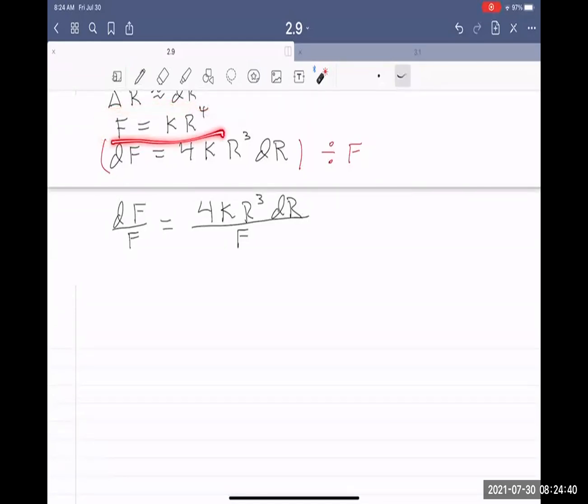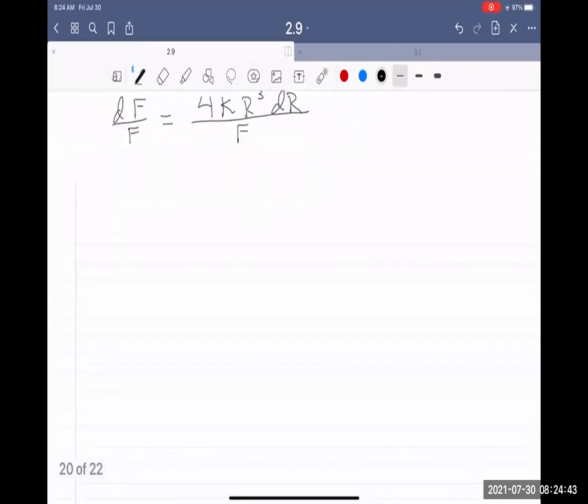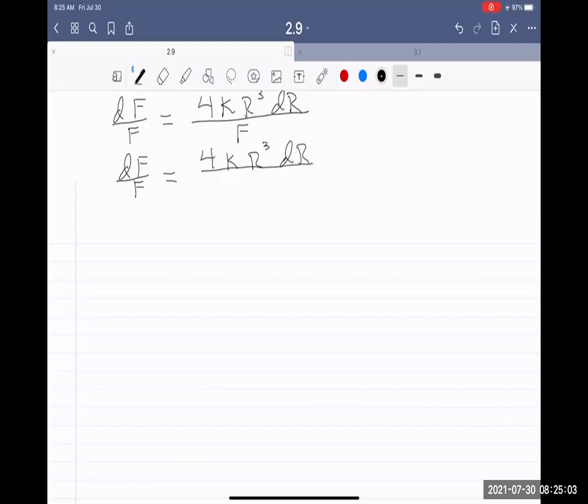F is just K r to the 4th. And so I have that dF over F is equal to, well, the K's cancel. 3 of the r's cancel.